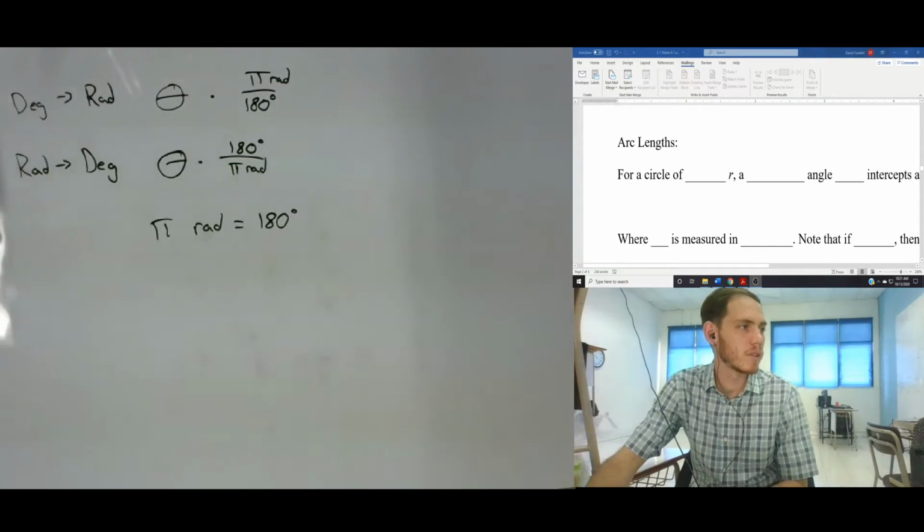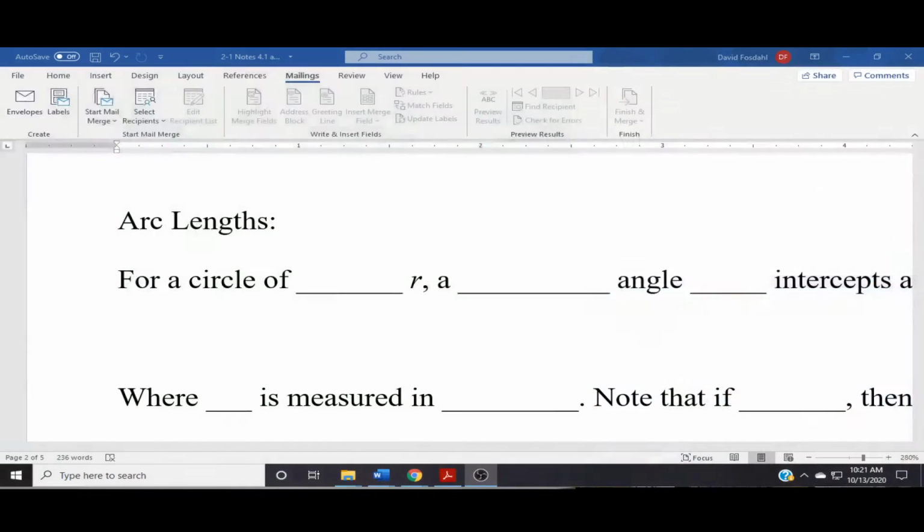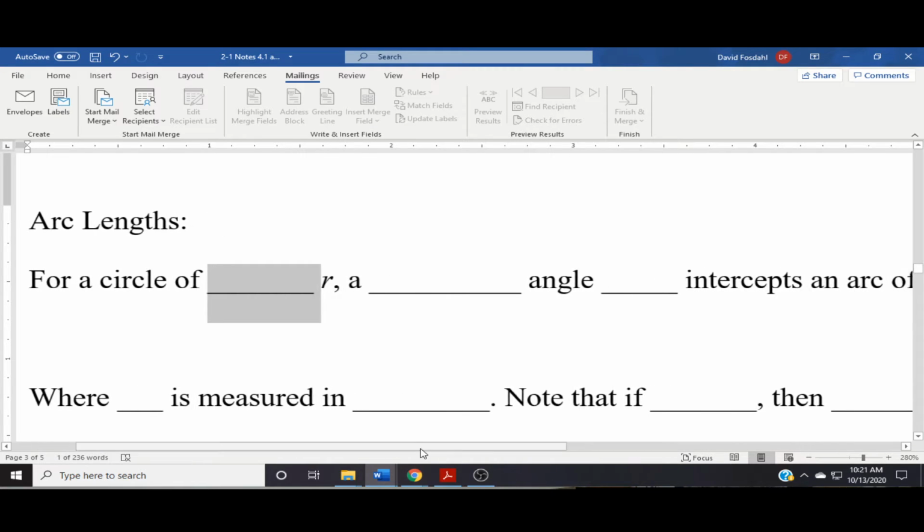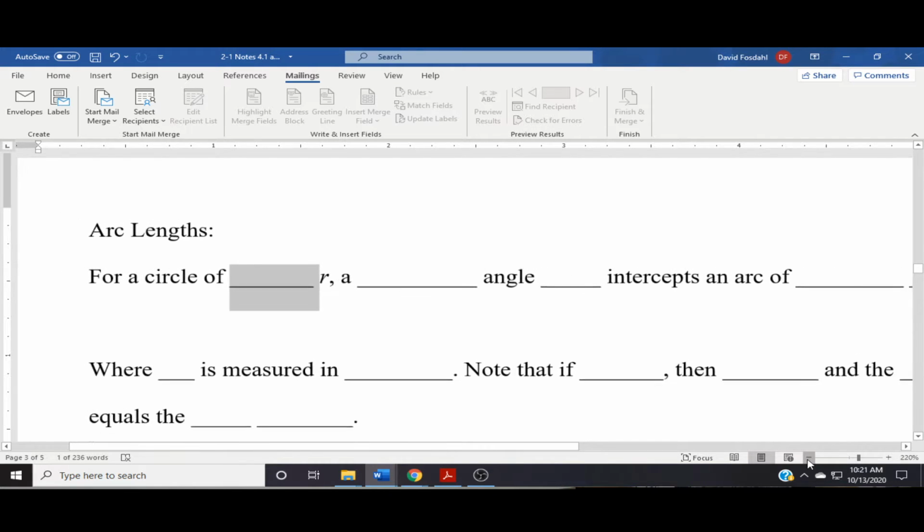Let's just blow this up so that this will fill the screen. Okay, so arc length is going to have a relationship to our radius. So let's zoom out a little bit.